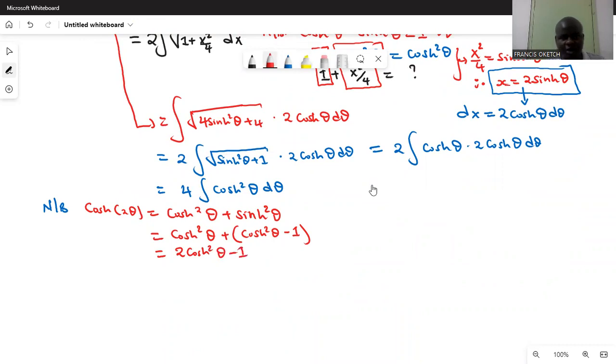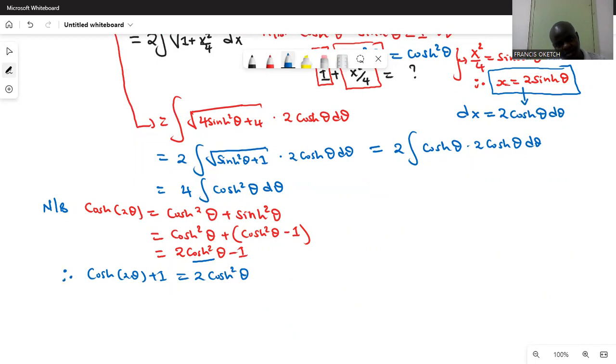So I want to make cos hyperbolic squared theta the subject. So that means I'll add 1 on both sides and then divide both sides by 2. So you can say therefore that cos hyperbolic 2 theta plus 1 is the same as twice cos hyperbolic squared theta.